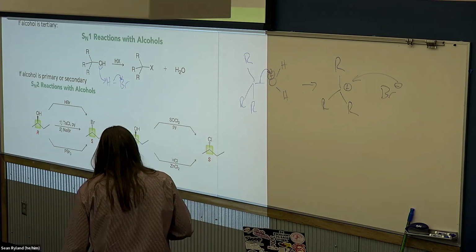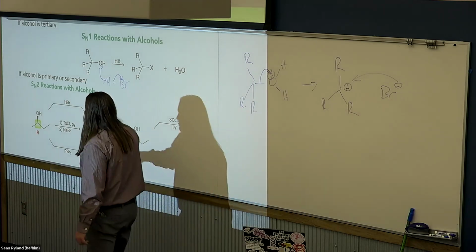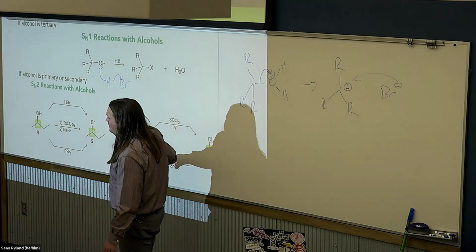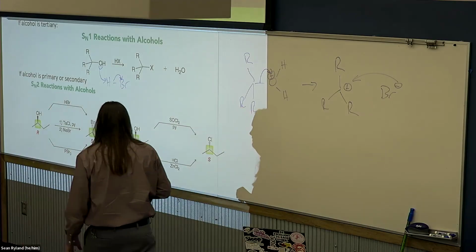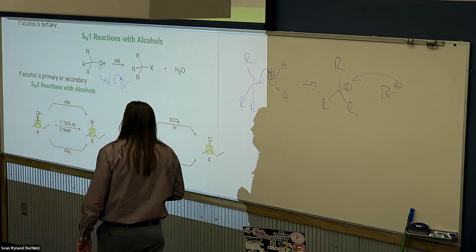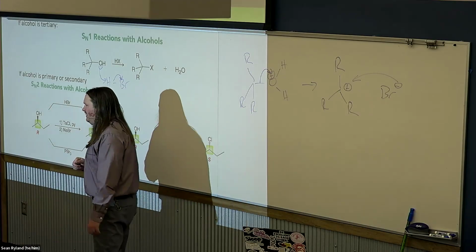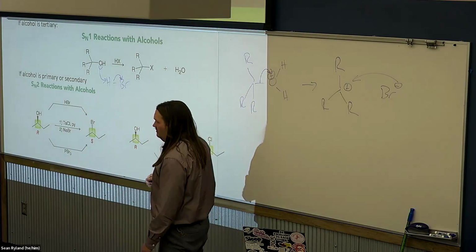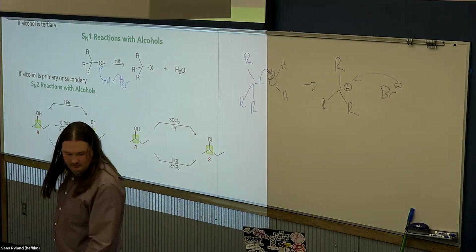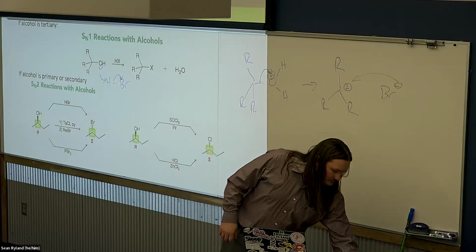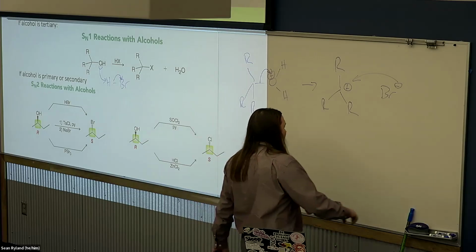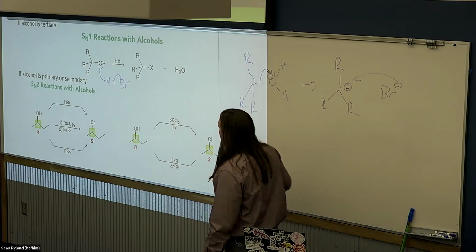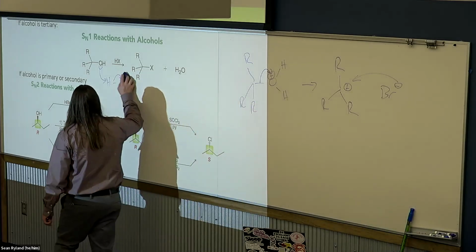So both of these versions, if we're going to chlorinate or brominate, we're going to go through a step where we turn our oxygen into a better leaving group. And the end result is an SN2 reaction.